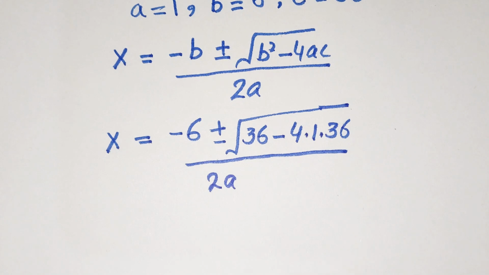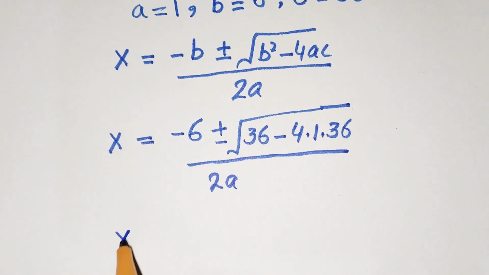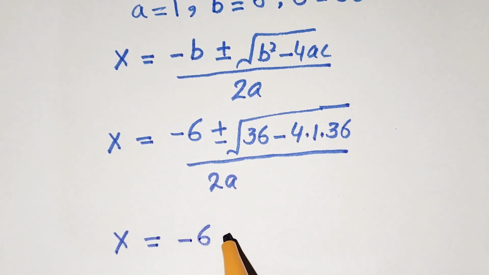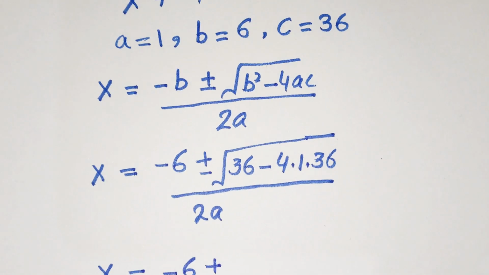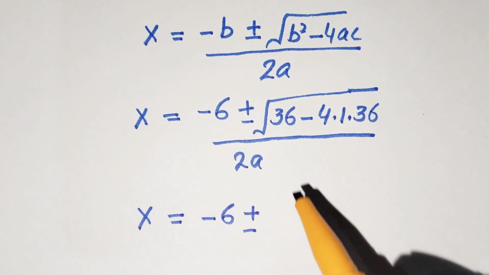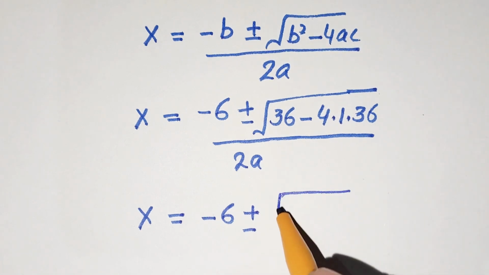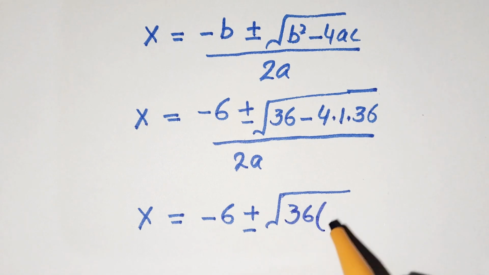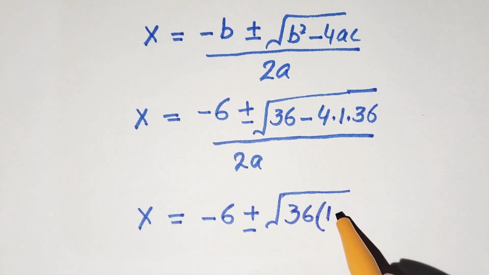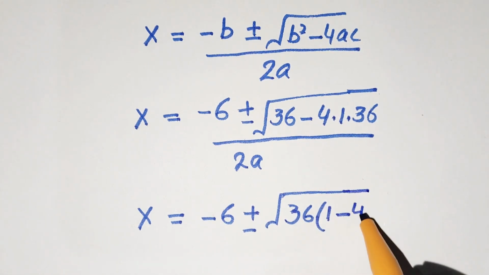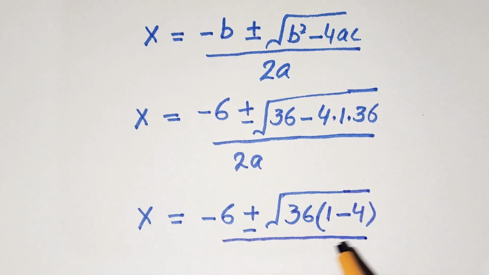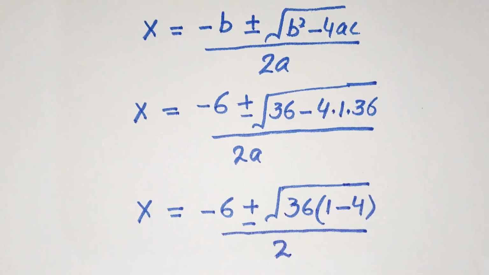Here we are going to write x is equal to minus 6 plus minus, taking 36 common, 1 minus 4, whole divided by 2, since the value of a is 1.